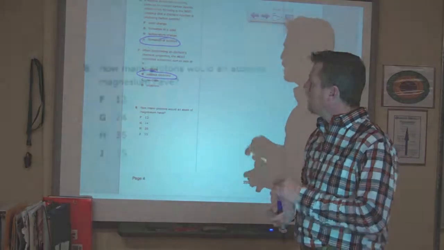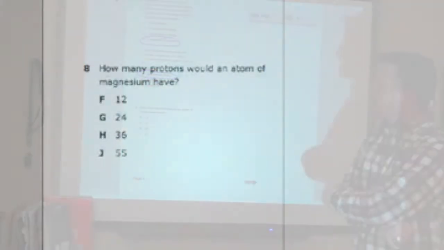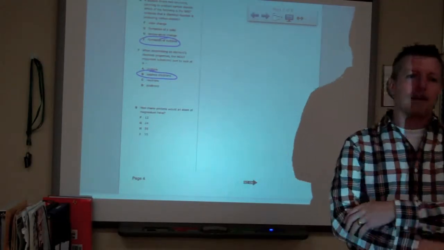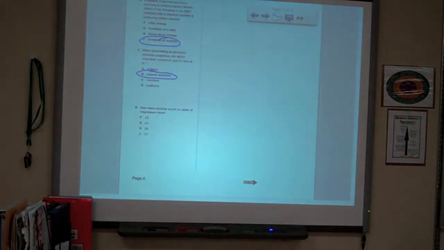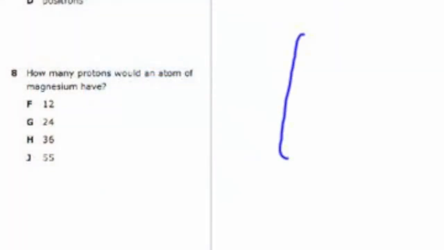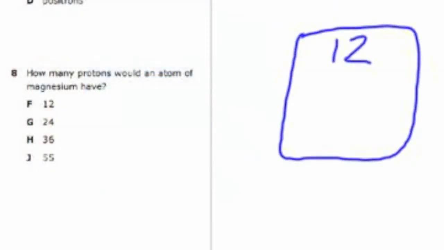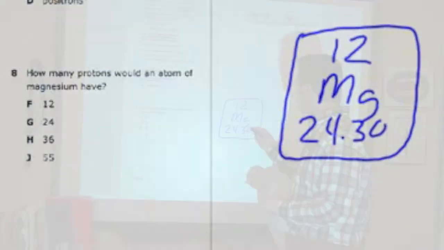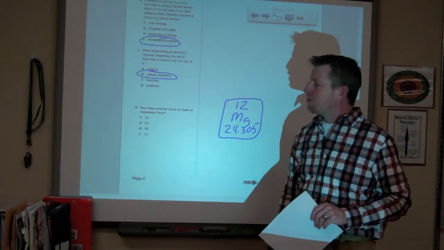Okay, number 8. How many protons would an atom of magnesium have? We'd actually have to look at our periodic table. Here's what I see for magnesium in the box. I see a 12 at the top. I see Mg. And I see 24.305. Which of these numbers tells me the protons?